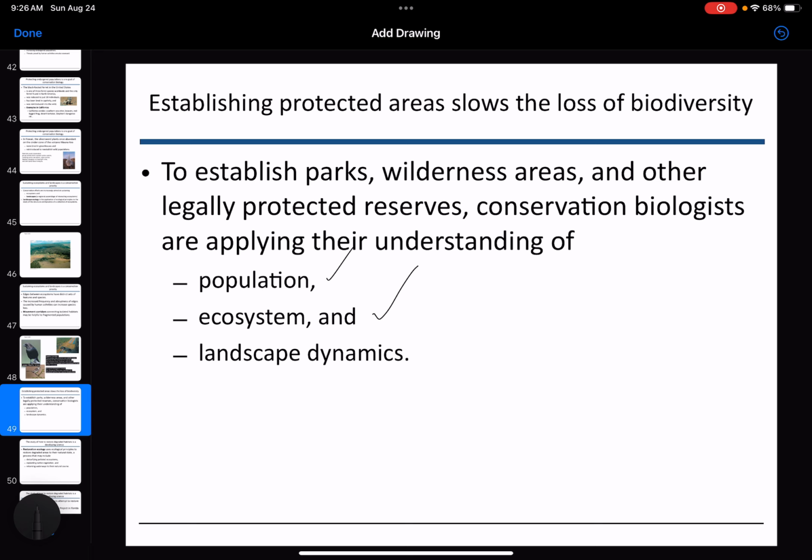And then the landscape dynamics, right? What kind of landscapes or what kind of ecosystems do we have within that park, perhaps, that are interacting with each other, and how can we support the flow of life through those ecosystems in that landscape.